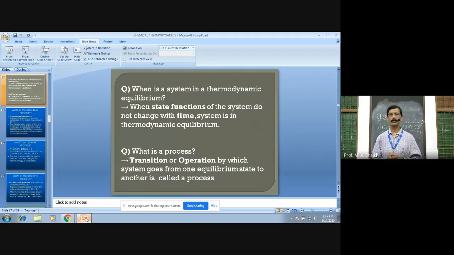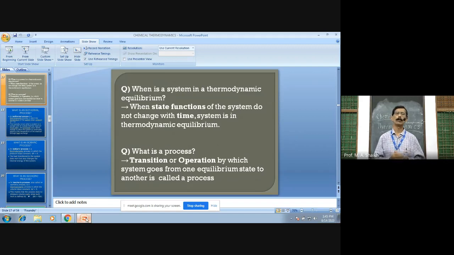See, there are two questions, but the upper question is not part of our syllabus this year. 20% of the syllabus is deleted. So don't learn that question. We'll go for the second question. What is a process?